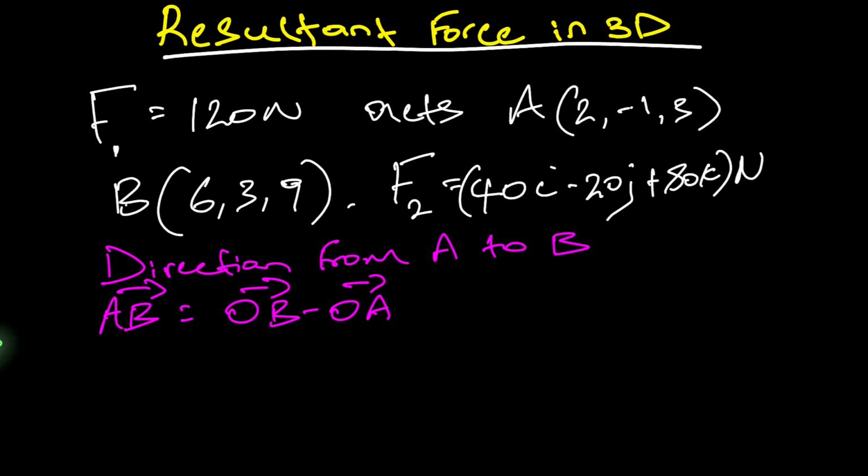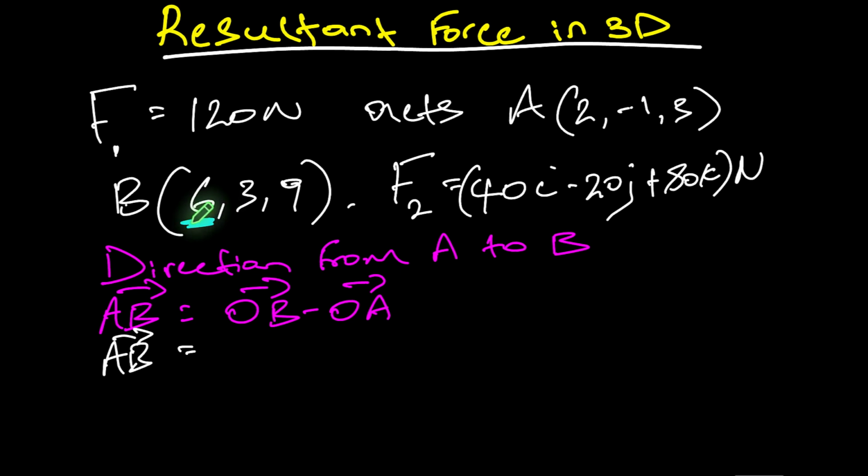So let's now work out what we have for our vector AB, because we're just going to subtract OB and OA. We're going to subtract the components of A and B. Let's look first at the X component.